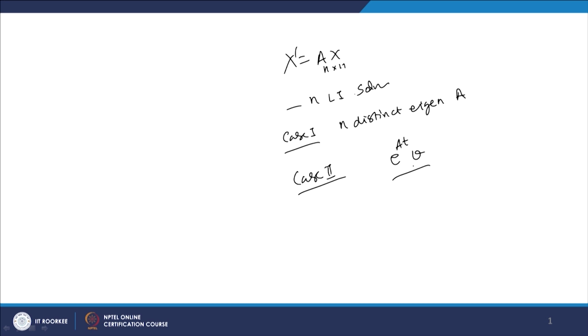Once we have n linearly independent solutions, we can form the fundamental matrix solution as x1(t) to xn(t), and we have seen one example where we calculated a fundamental matrix solution.